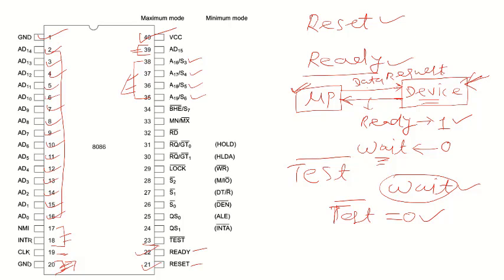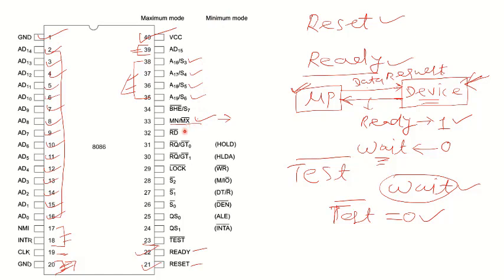Then next is MN MX bar. Basically, MN MX bar is used to select the operation mode of the 8086 microprocessor. Whenever this pin is 1, minimum mode is selected, and if it is 0, maximum mode is selected.